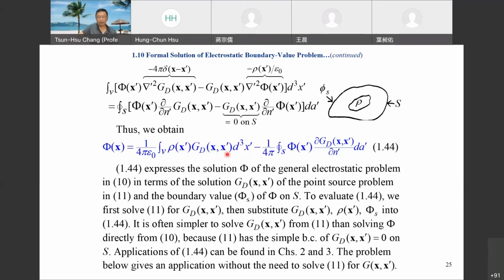Actually, GD satisfies the point source, and on the surface is 0. 2 requirements. Of course, you can specify on the surface is not 0. Then you will consider these terms only.